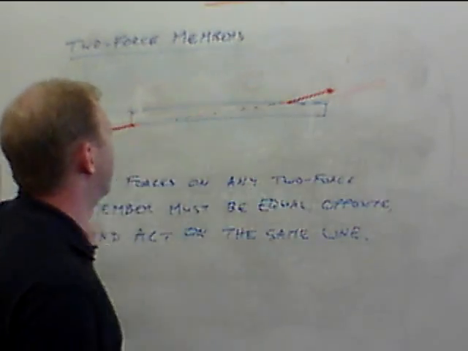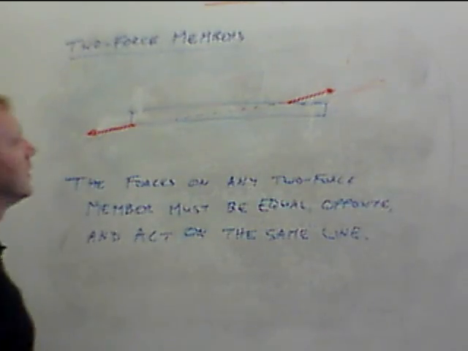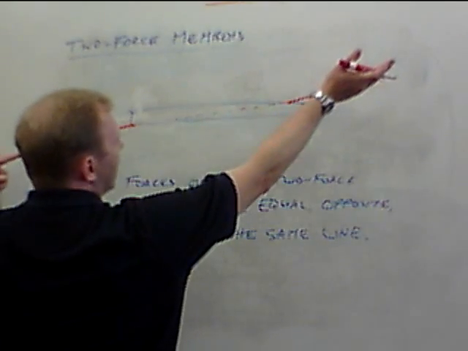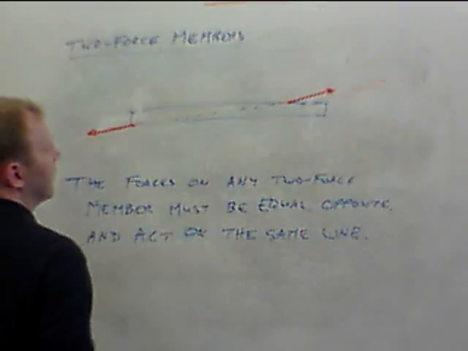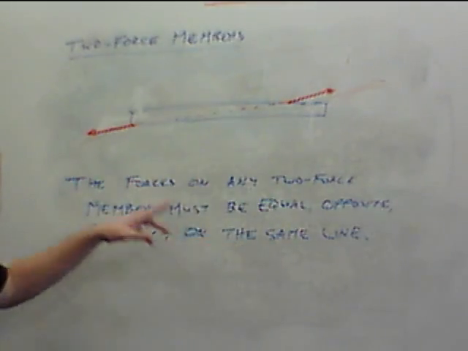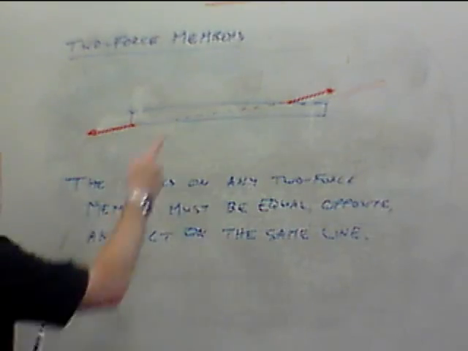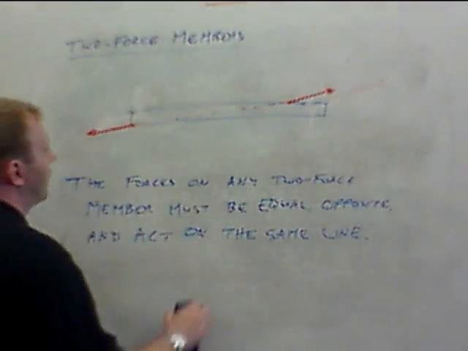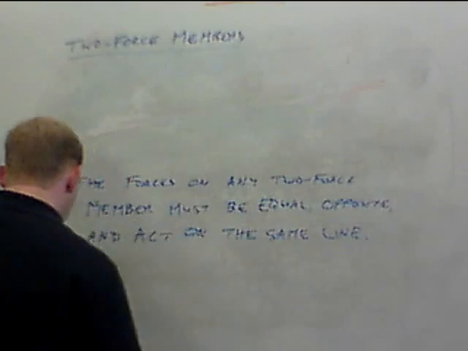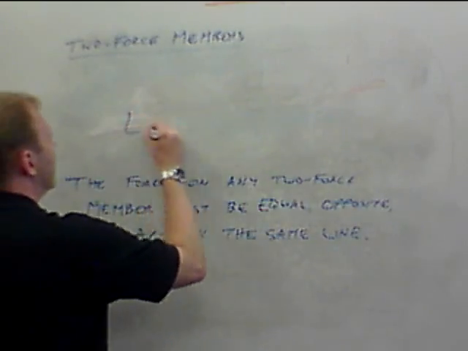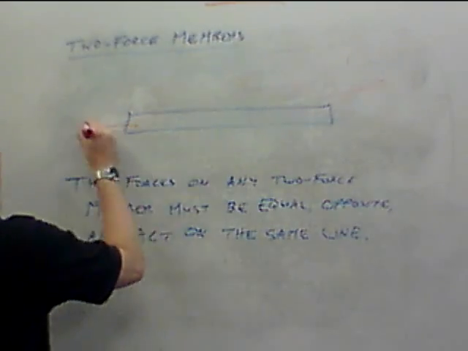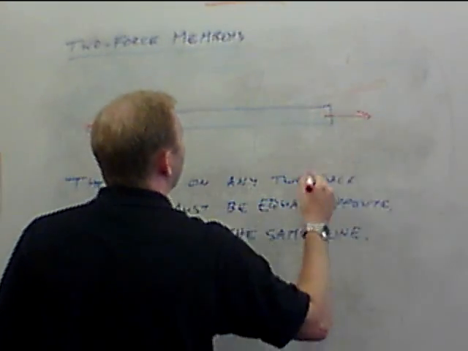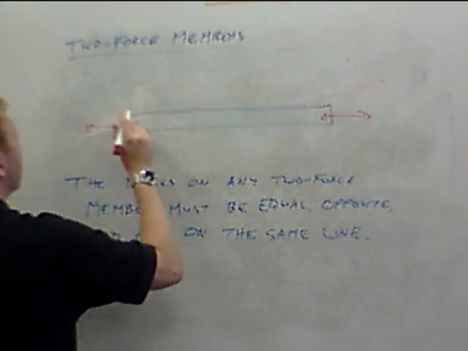Imagine that's a straight line. My art skills are a little lacking. So now we're pulling equal and opposite on the same line. Even though it's not parallel to the beam, it is still equal, opposite, and acting on the same line. This is really unusual, though. Typically, a two-force member is going to be nice and simple with either forces directly out or forces directly in.